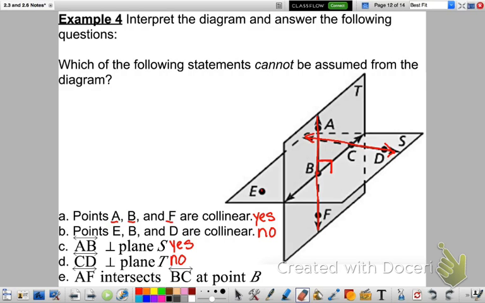Next, line AF. Okay, let's look. Line AF, which is this line, intersects line BC, which is this line, at point B. Well, I would say yes, because that's where they both meet.